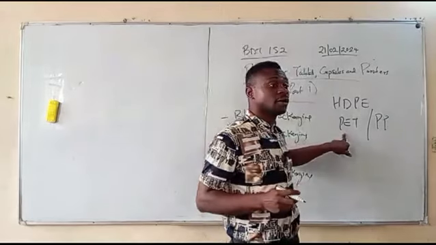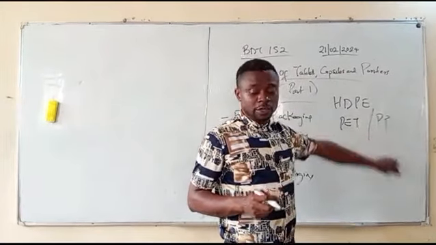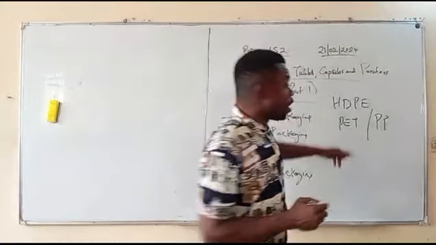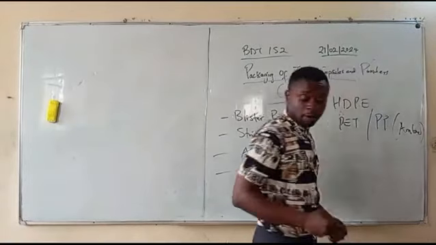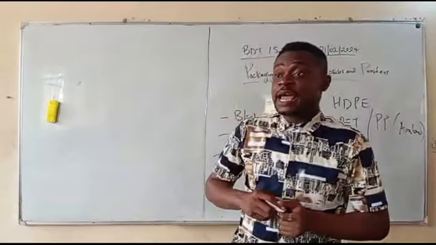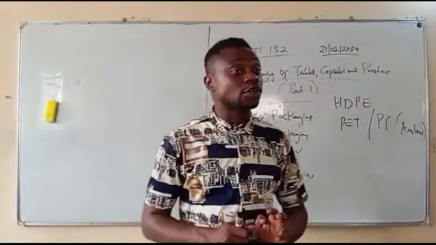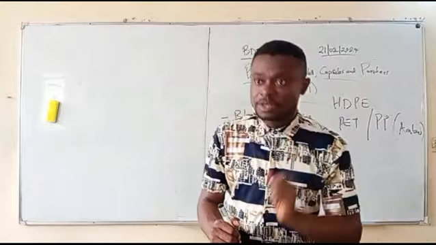They are mainly used for light sensitive products. What's another name for light sensitive products? Photosensitive, photolabile, as the case may be. So in order to protect them from light, that's why you have the amber color. We did this in the first semester, so let's not dwell on that much. So these are some of them.